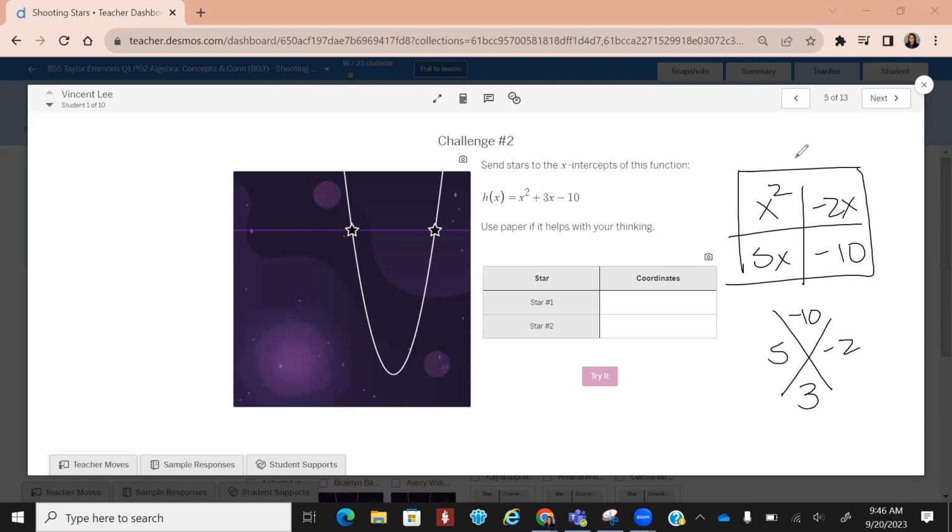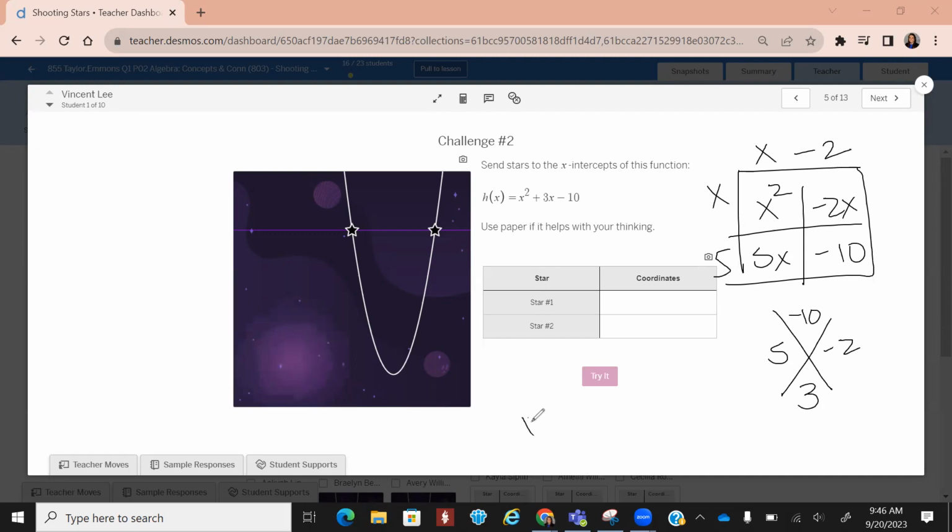Now, when I fill out the outsides, I'm going to say, what times what would give me x squared? Well, that's x times x. What times x would give me -2x? What times x would give me 5x?